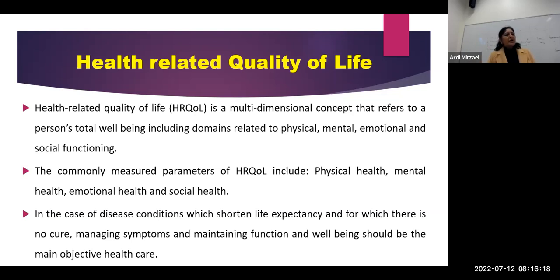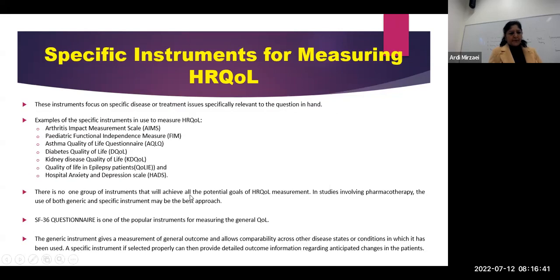The commonly measured parameters include physical health, mental health, emotional health, and social health. In the case of disease conditions with shorter life expectancy and for which there is no cure, managing symptoms and maintaining function and well-being should be the main objective of healthcare. So there are specific instruments to measure health-related quality of life.